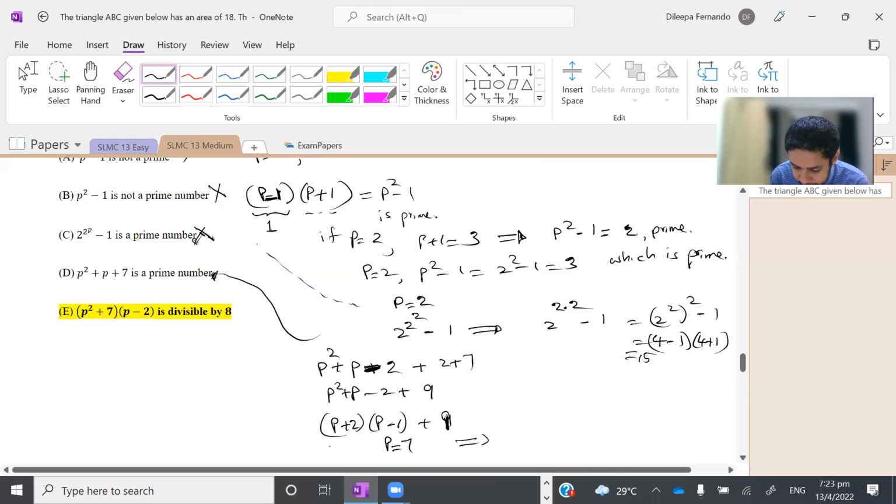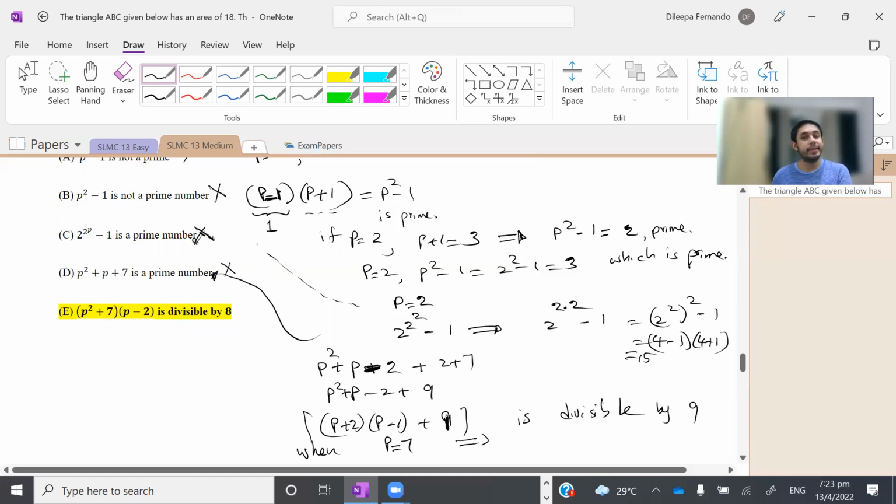That means this whole thing is divisible by 9 when p equals 7. That means this is also false. So the only possible answer is E.